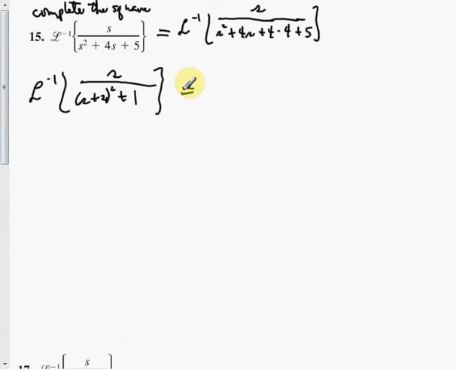And then the so-called function looks like it's going to be cosine, but notice up top I have an s, and downstairs I have an s plus 2. They have to be the same. So either you get rid of that 2 or you add a 2. Well, I can't get rid of the 2 downstairs in the s plus 2 squared. A lot of stuff going on there. It'll be easier to add a 2 up top.